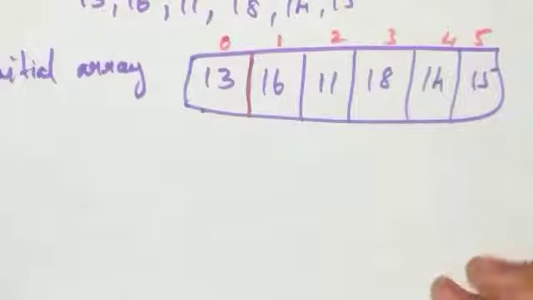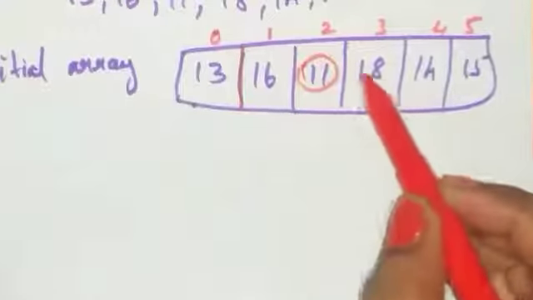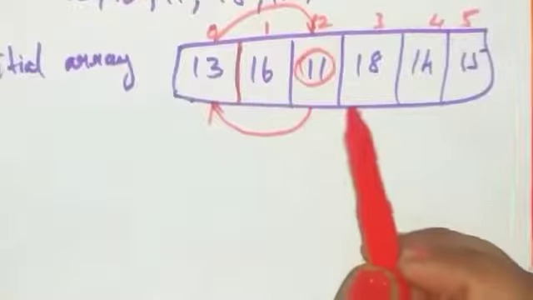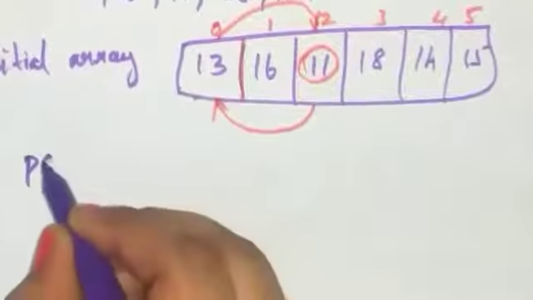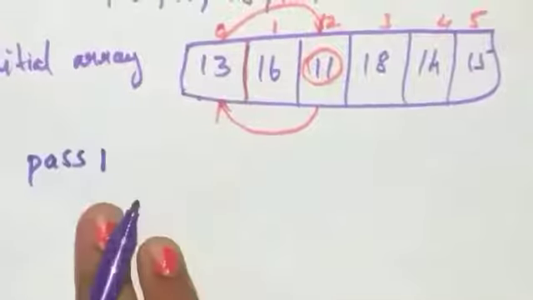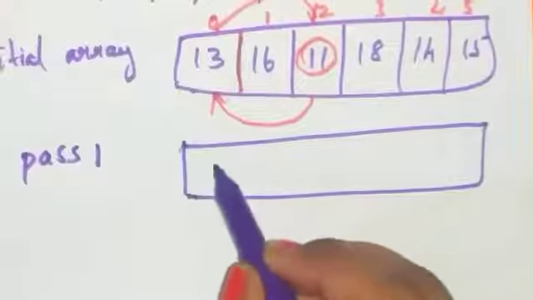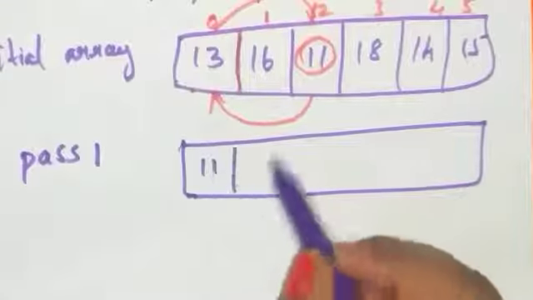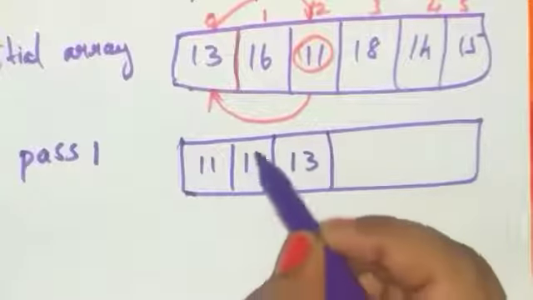Exchange this first element with the smallest number. Which one is the smallest number? 11 is the smallest number. So you have to exchange these elements. This is the first pass, or first iteration. Right after pass 1, you will get 11, 13 here, then 16.